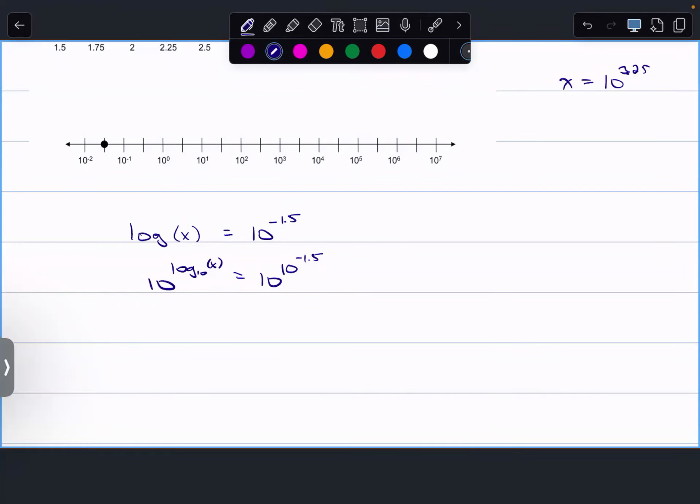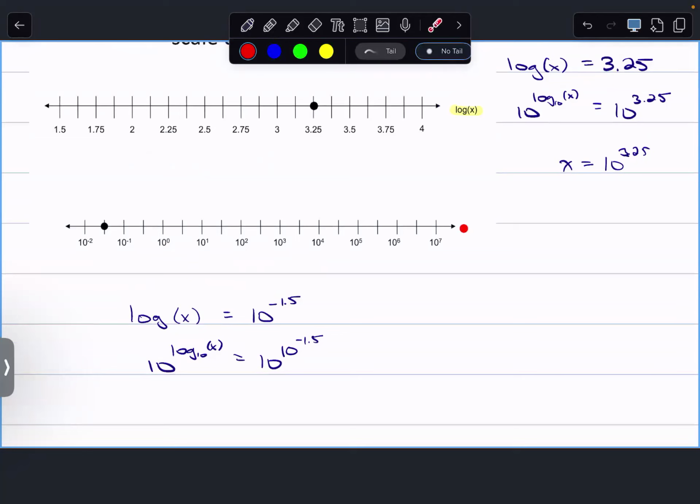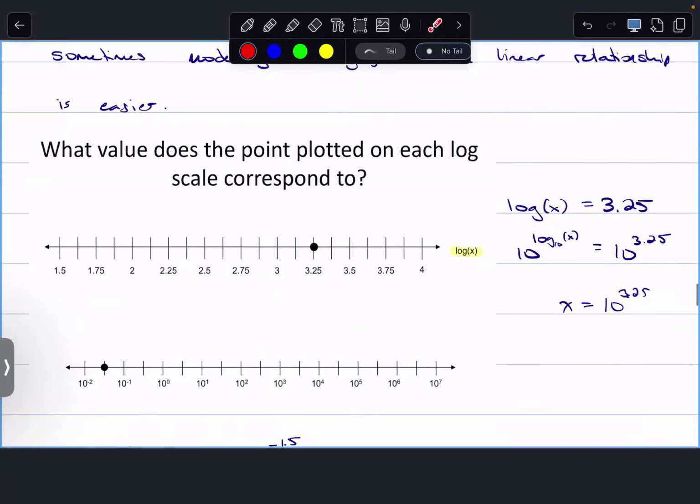No, I don't like that. I feel like we're missing something. I don't think this is log. We'll stick with it.